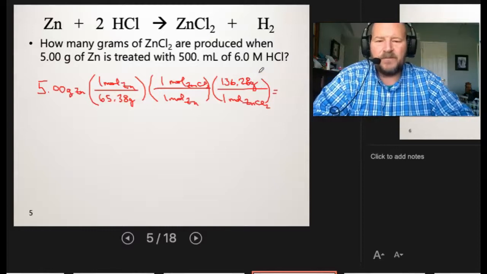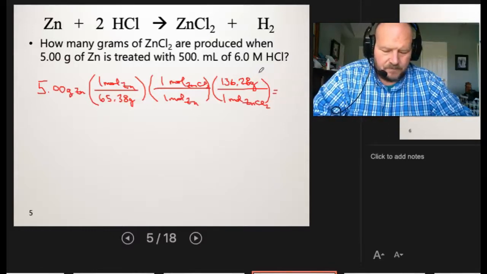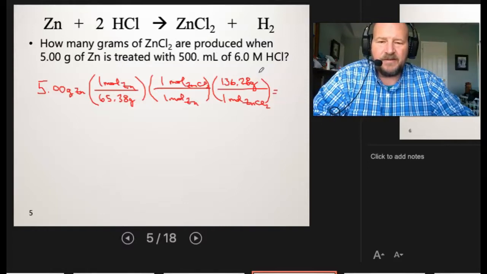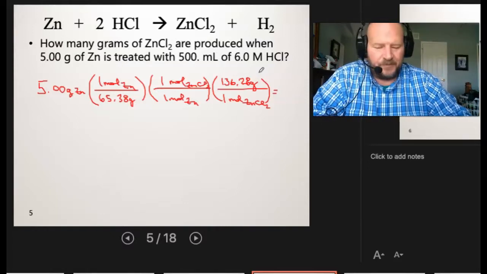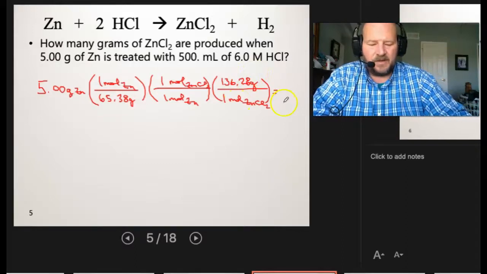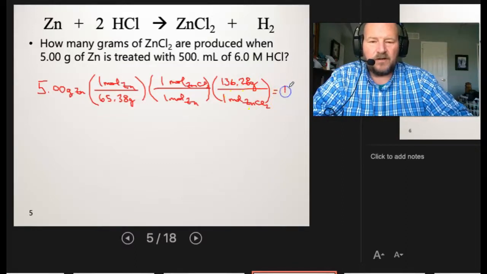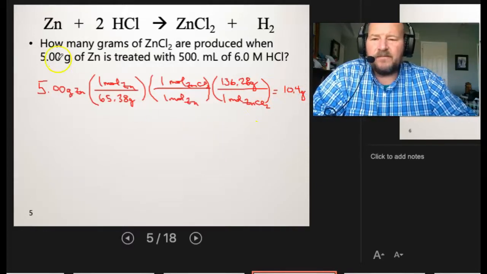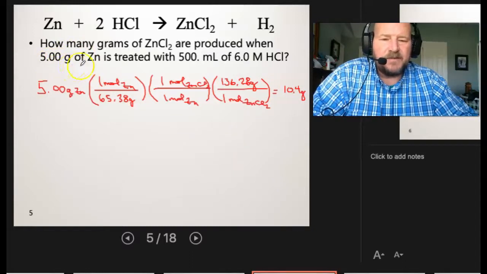All right, so I'm going to take 5, going to divide that by 65.38, then multiply that by 136. That tells me we're going to make 10.4 grams of product. All right, now that's if the zinc is the limiting reagent.